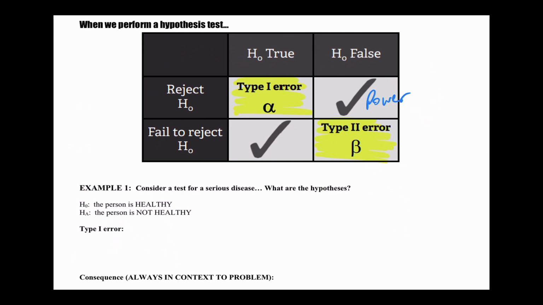I have students do this every year. If it says give an example of a type 1 error, they'll say, oh, you reject the null when the null was true. Yeah, that doesn't tell me anything about the scenario. I want to know about the scenario. How does the scenario look? When you say reject the null, what are you saying in this case? You're saying the person is not healthy.